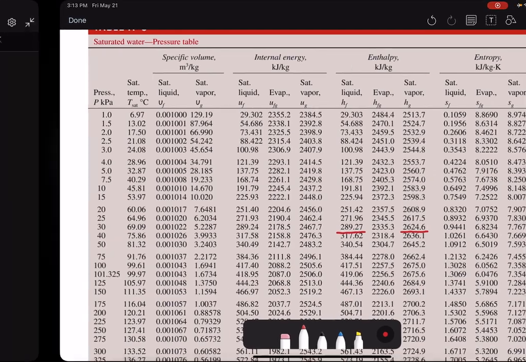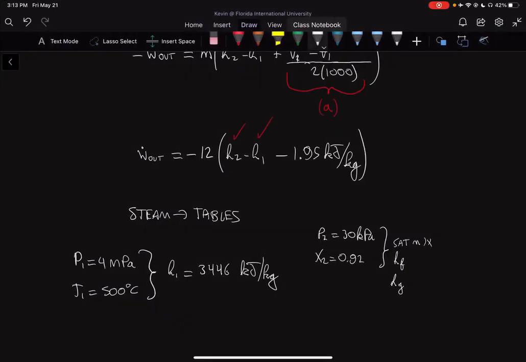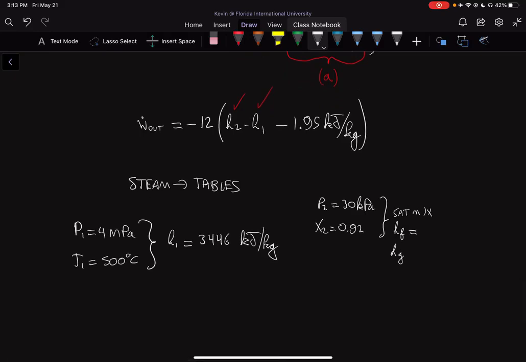So I'm going to write those down. hf is equal to 289.27. hg is equal to 2624.6. And now, for 2, we can find h2 by the quality.